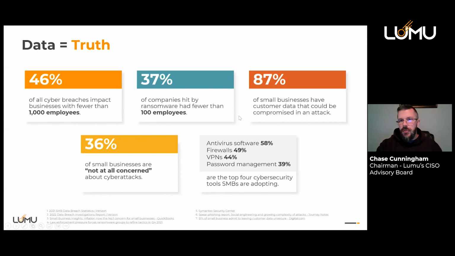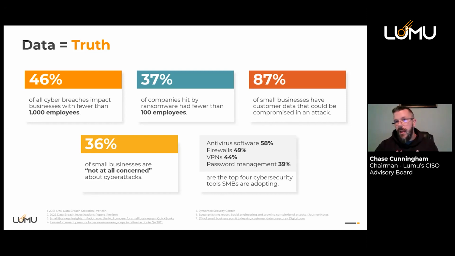So here's the truth, and this is specific to small business. I've cited all the resources down there at the bottom. And the funny thing is, when I went off and did this research, it wasn't the data that I've seen bouncing around in so many publications and on the news and whatever else. It's actually much more specific when you really go look at the small business side of this equation. And for me, the only truth in any space, honestly, is data.